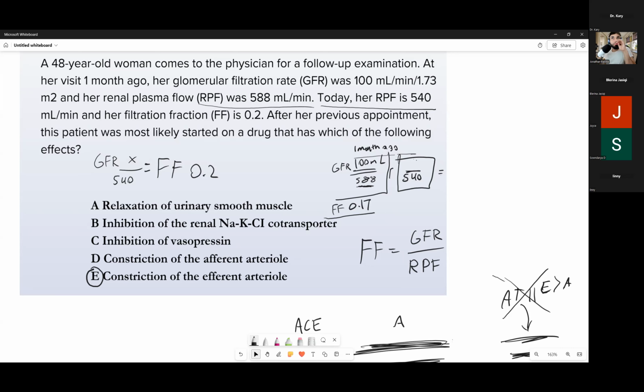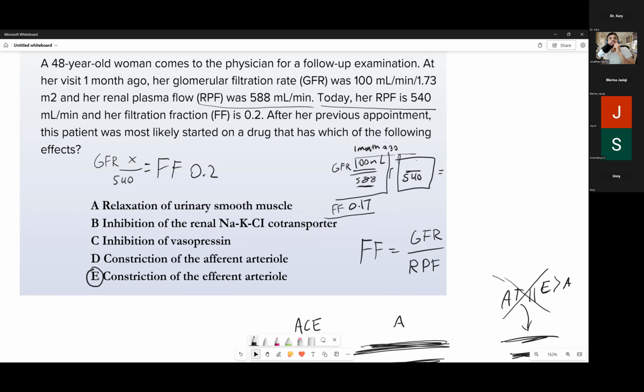So we said that this has to be constriction of the efferent arteriole, right? Yes, of the efferent. We were able to conclude that, and that would increase the GFR.